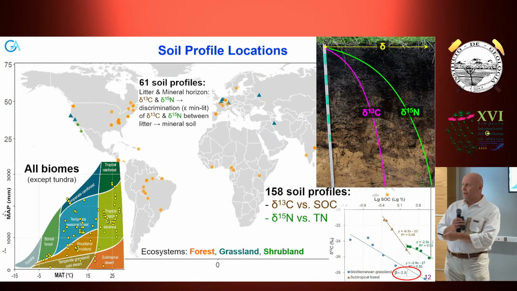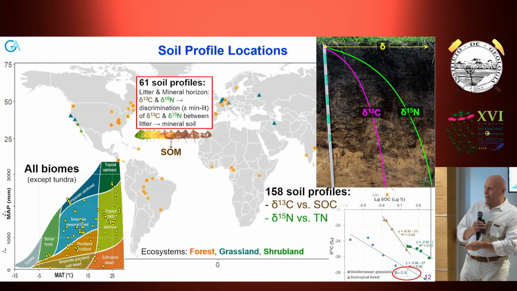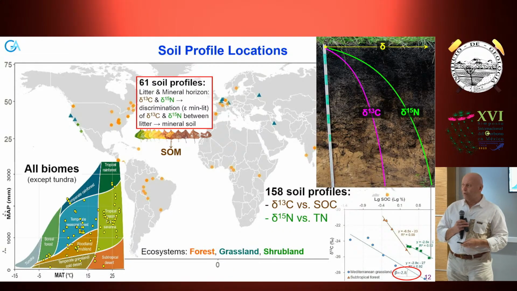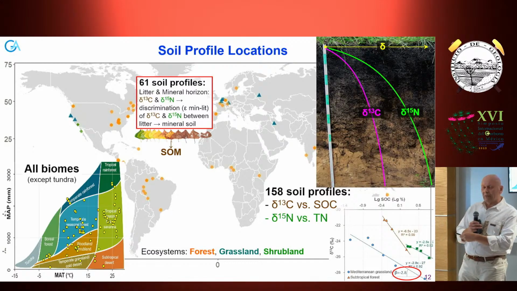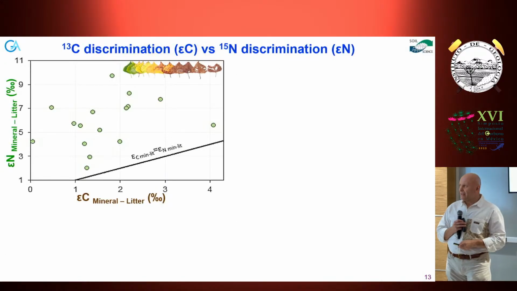And additionally, we also collected many soil profiles from which, from the litter, soil organic matter is formed. And maybe we can conclude something about the initial step of the soil organic matter formation from litter. Let us come to the results now.